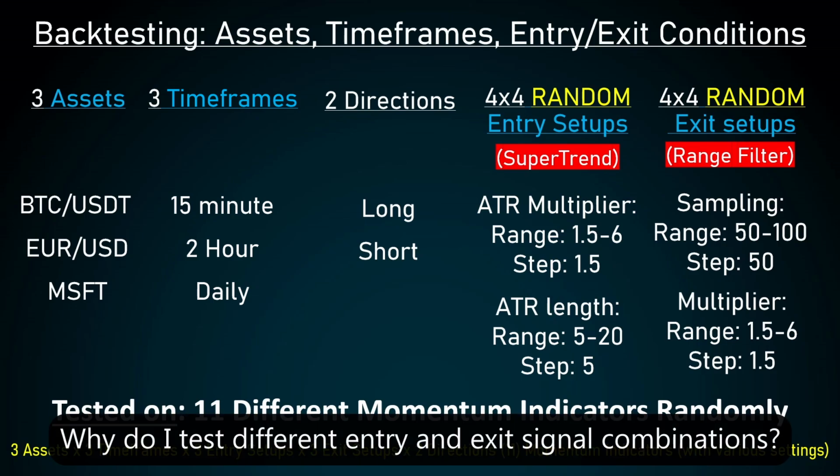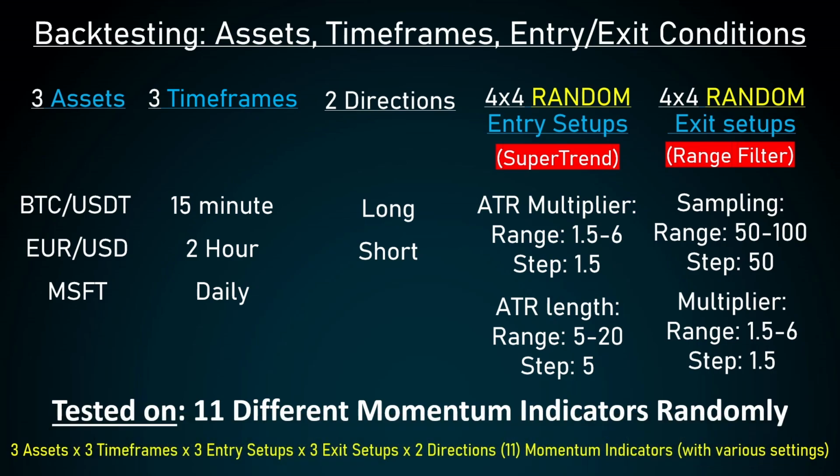And why do I test different entry and exit signal combinations if I'm only interested in which is the best momentum or C2 indicator? To find the best momentum indicator, we need to make the backtest as diverse as possible, and the best momentum indicator should perform well in most of the conditions.